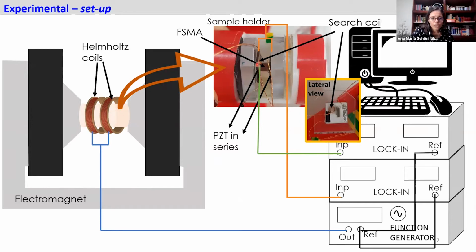When we apply the magnetic fields, the ferromagnetic shape memory alloy deforms, and this produces a compressive stress on the piezoelectric plates, thus generating an AC signal, which is detected with the lock-in amplifier. The other lock-in was used to determine the voltage induced in this little search coil, which is here, which was detecting the current, and with that we can determine the AC field.